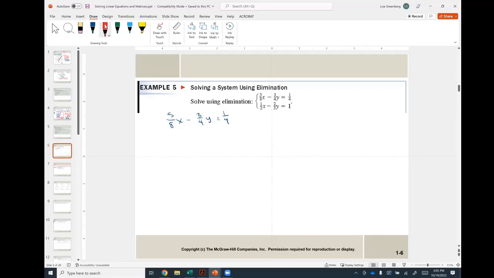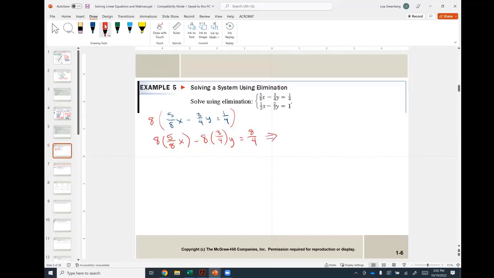If I were to multiply everything here by my least common denominator, or my least common multiple, I would multiply by 8. And then I distribute. This becomes 8 times 5/8 x minus 8 times 3/4 y equals 8/4.